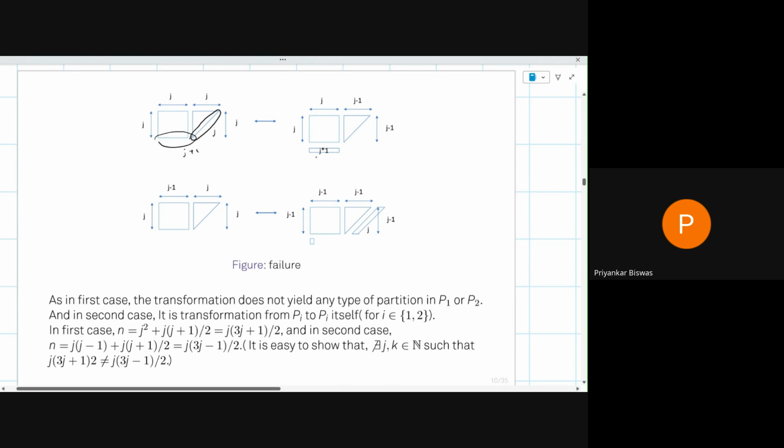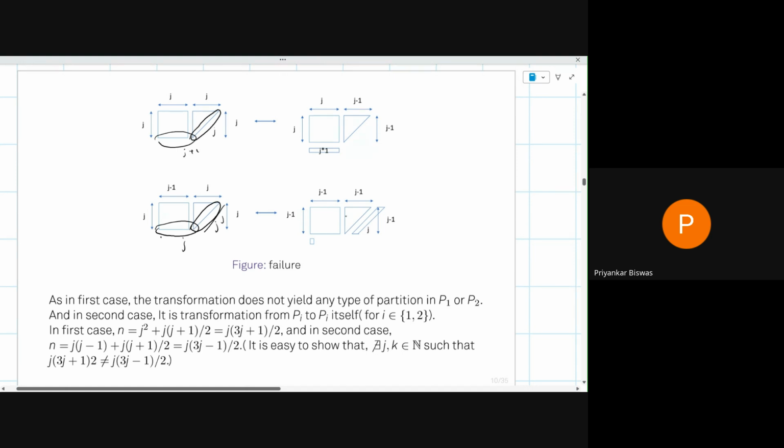Is it okay? Yes, sir. And for the next case, here it is J minus 1, so we'll get J points and here J points. So we'll move this row from here to here, and if we move the row, you'll get J plus 1. So here we will get J many and then 1 point here.